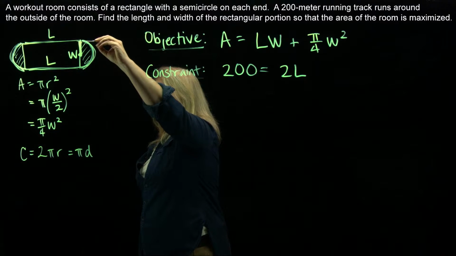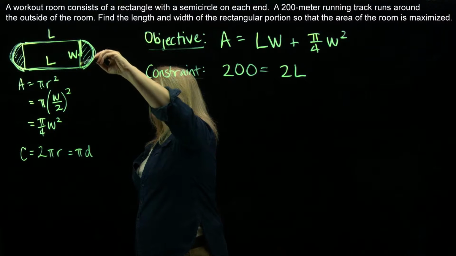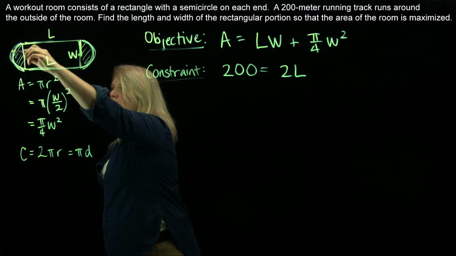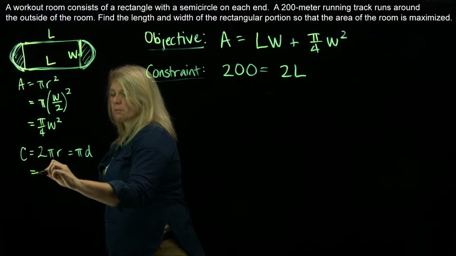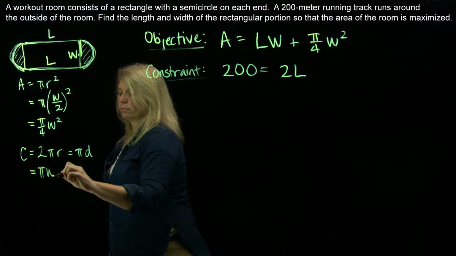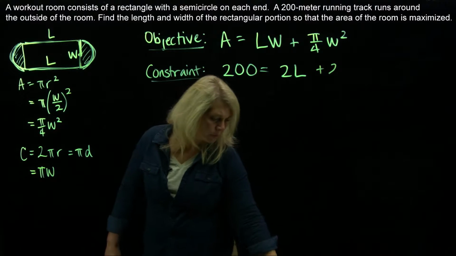And if we look at the picture here, you might notice the radius was W over 2, or the diameter is just that W here. So the circumference, that would be this curved part plus this curved part for this problem would be pi times W. Okay, so pi W, I almost wrote 2W.